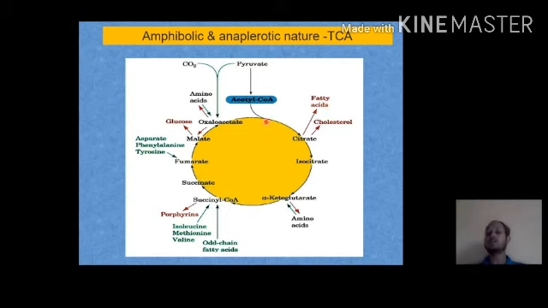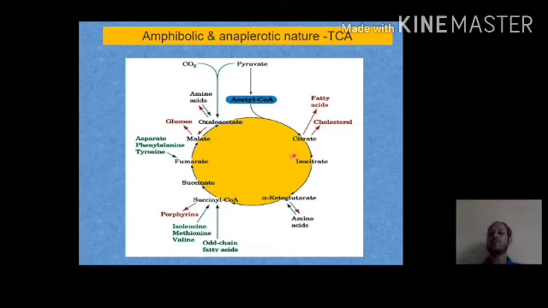Therefore, the TCA cycle is not only a degradative pathway, but also a synthetic pathway for many different kinds of biomolecules, and that's why it is known as an amphibolic cycle, playing a role in both catabolism as well as anabolism.